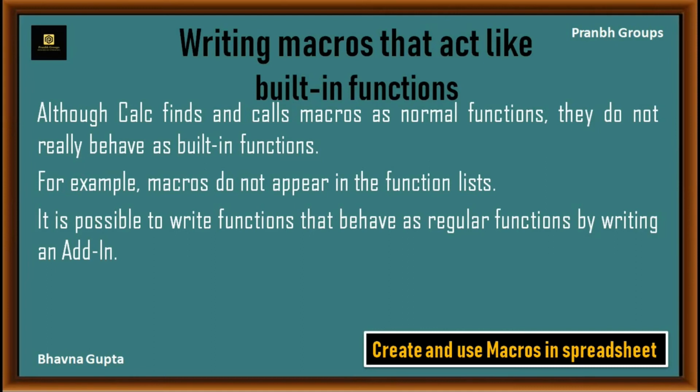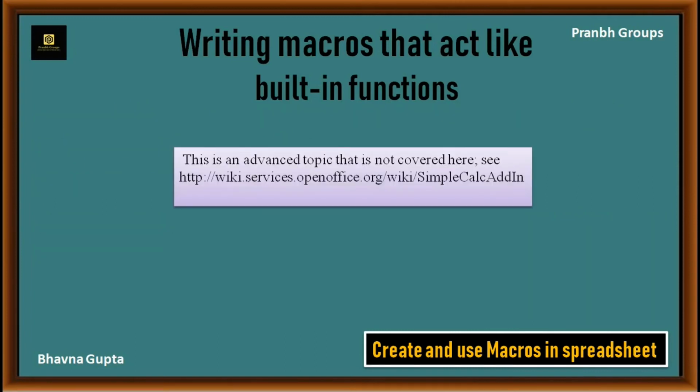For example, macros do not appear in the function list. It is possible to write functions that behave as regular functions by writing an add-in. This is an advanced topic that is not covered here. This is a link. Follow this link for more information related to this topic.